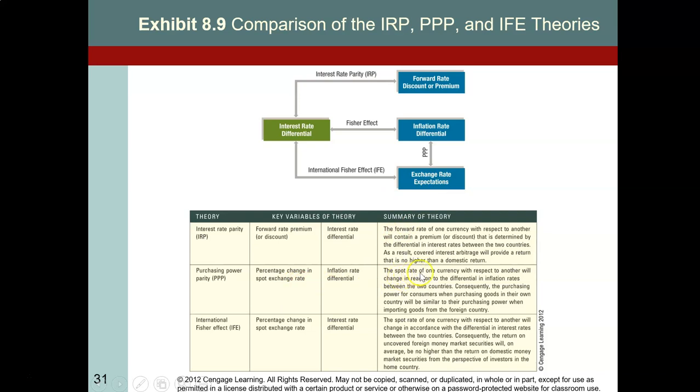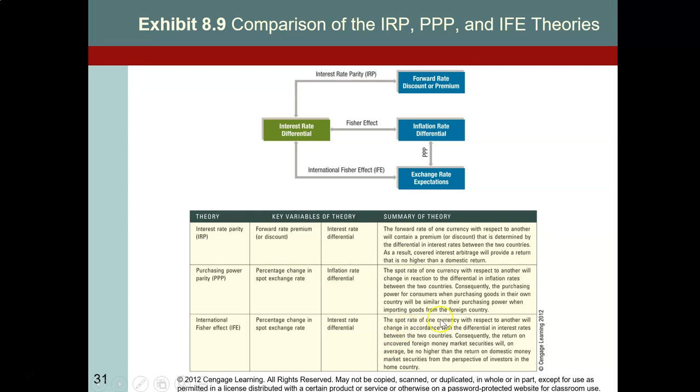The spot rate of one currency with respect to another will change in reaction to the differential in inflation rates between the two countries. Consequently, the purchasing power for consumers when purchasing goods in their own country will be similar to their purchasing power when importing goods from the foreign country. International Fisher effect is telling us how interest rate differential can affect the percentage change in spot exchange rate.